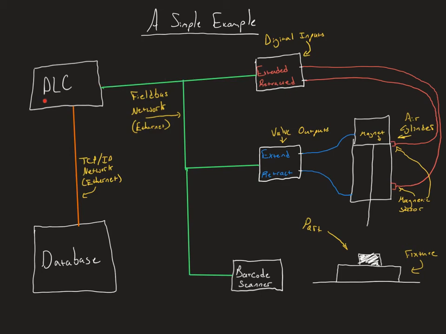So the PLC commanded the action, caused the outputs to fire, which made the actuation happen, which made the real world change, which was detected by the instrumentation, which then sent digital inputs across the field bus back to the PLC.